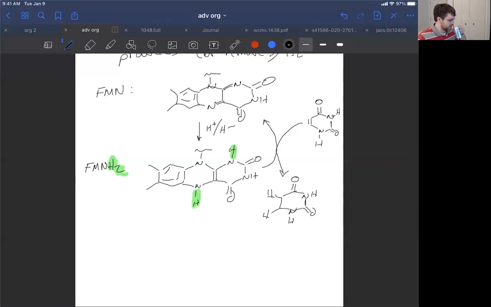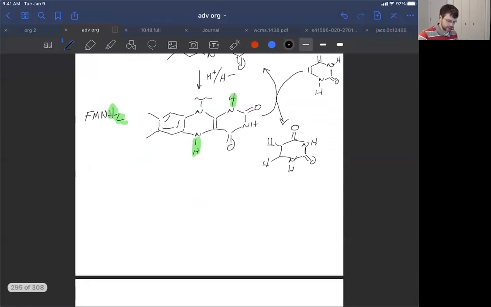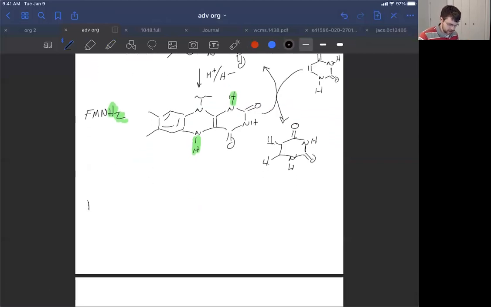What's going to happen here? Well, a couple of hydrolyses happen at this point. So dihydrouracil will be hydrolyzed. Now, if you look at this, this is kind of an interesting array of atoms, and so we can poise ourselves to add water to this.